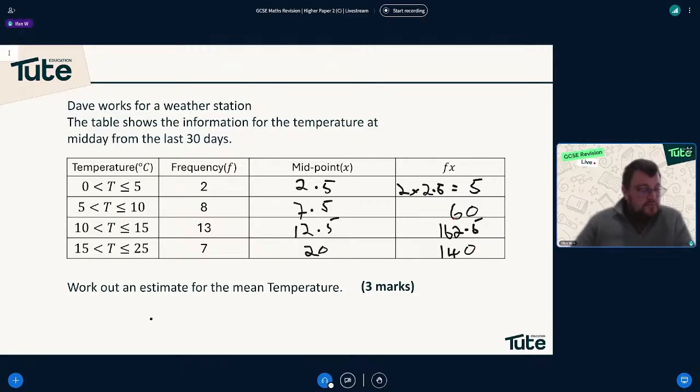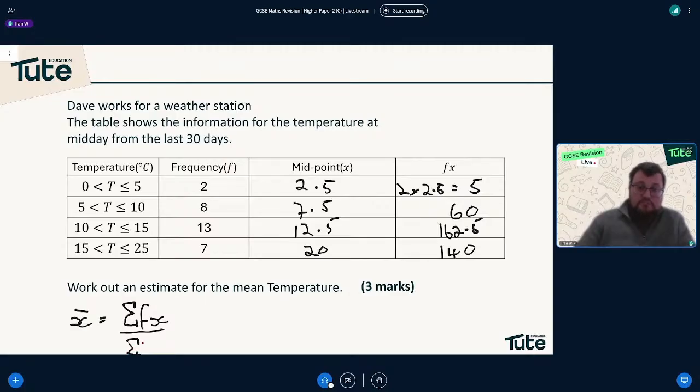You don't really need the grand total there, because to estimate the mean, you find the total of this column right here. The column is called f of x, so you're going to find the total of the f of x column.